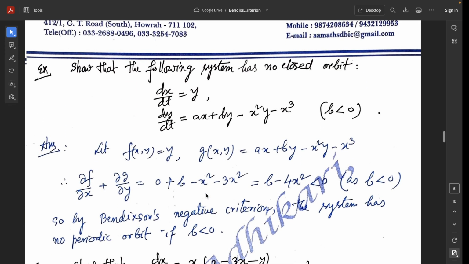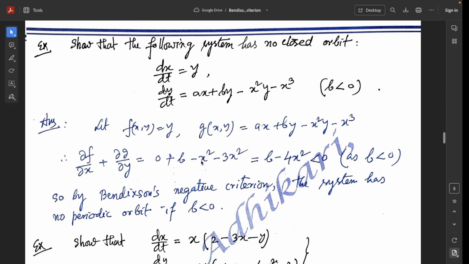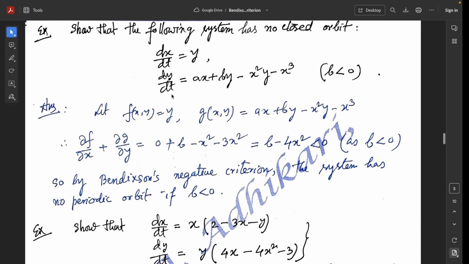Next example: show that the following system has no closed orbit: dx/dt equals y, dy/dt equals ax plus by minus x square y minus x cube. b is negative. Let f(x,y) equal y and g(x,y) equal ax plus by minus x square y minus x cube. Then del f/del x plus del g/del y equals b minus 4x square.